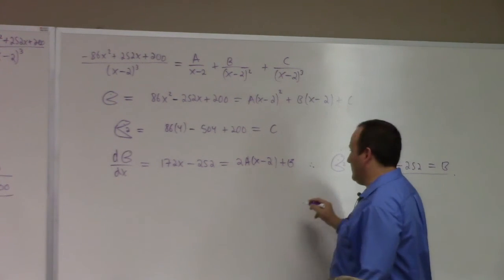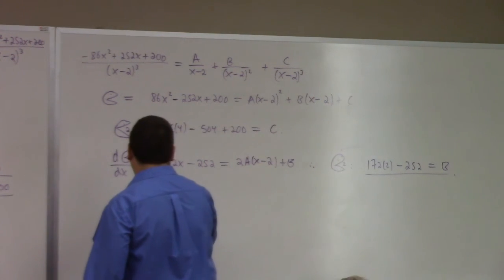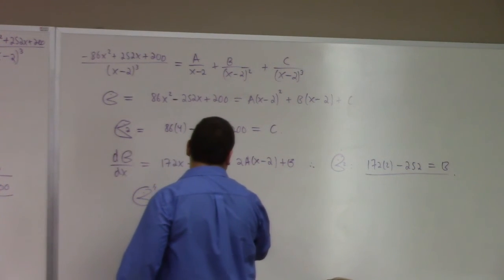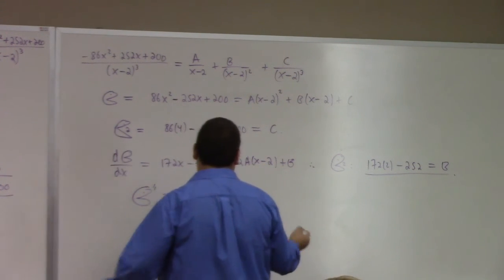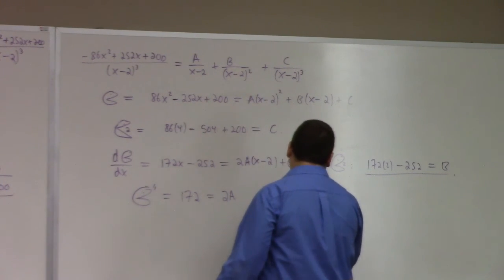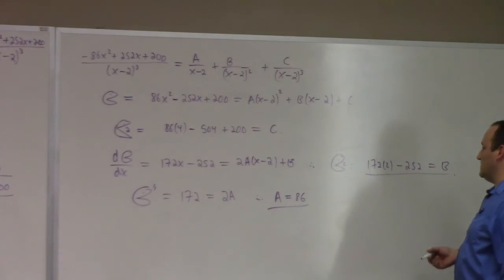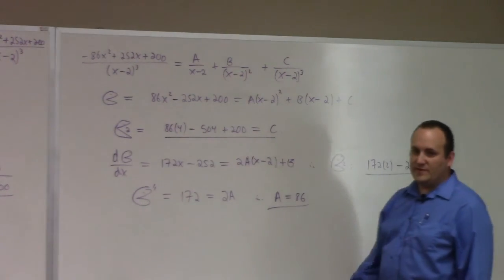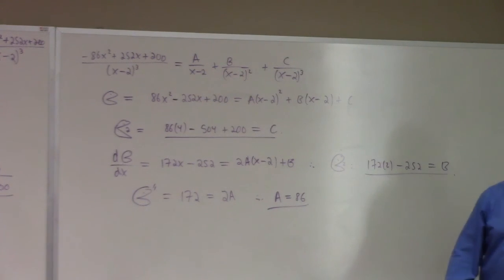And if you look at P double prime, 172 is equal to 2a. And so, therefore, a is equal to 86. And while the numbers are obnoxious, you can easily see that we've just found b and c modulo some arithmetic I'll mess up because I'm hurrying. Do you see the idea?